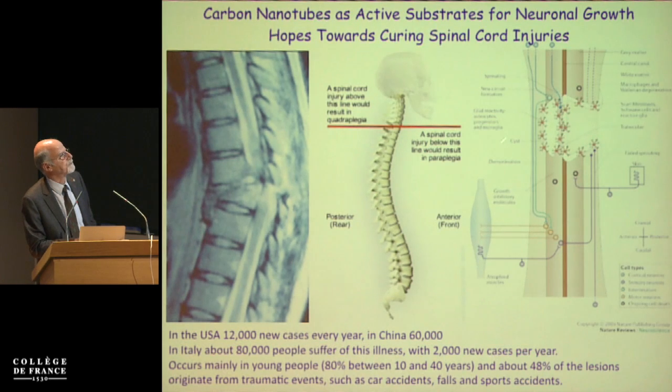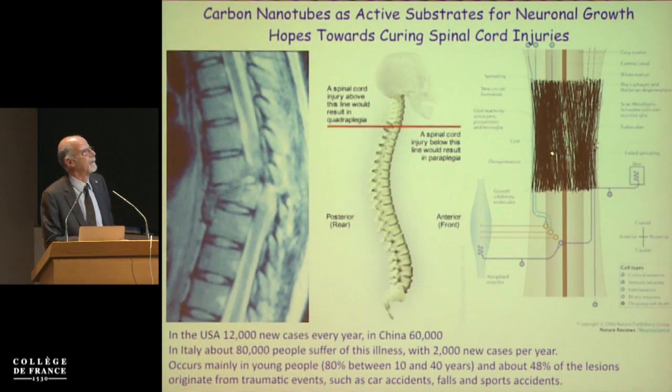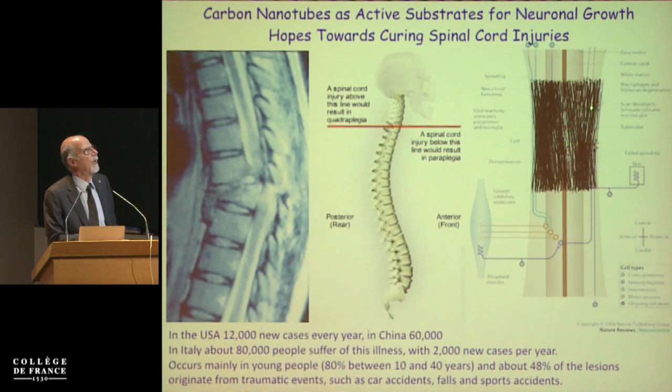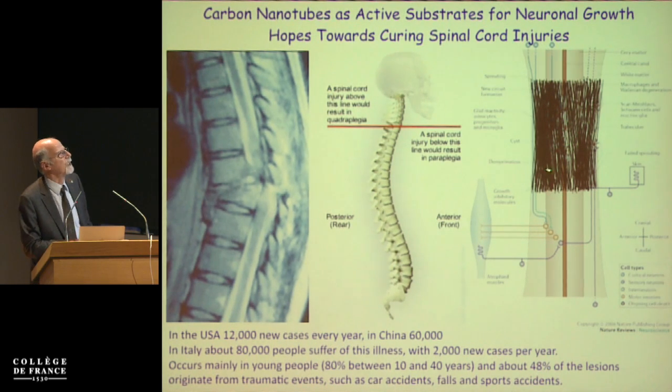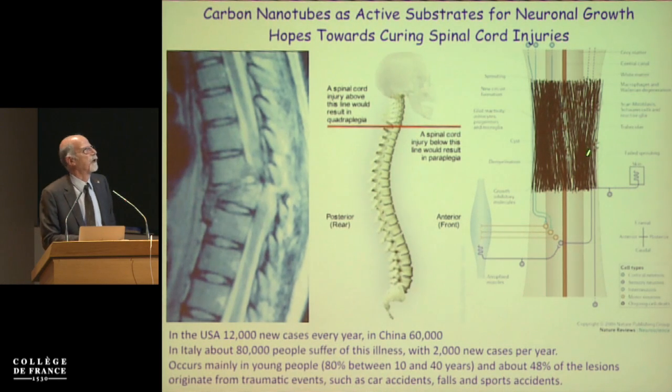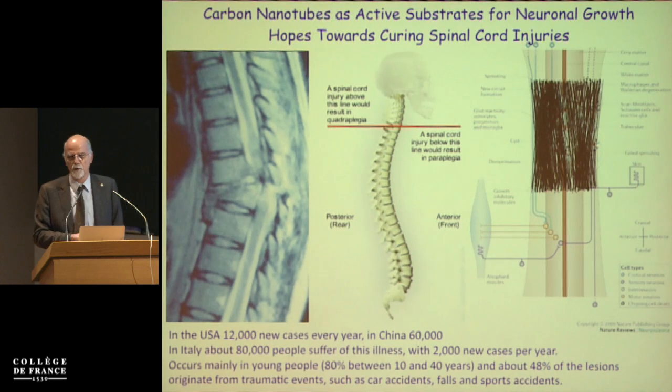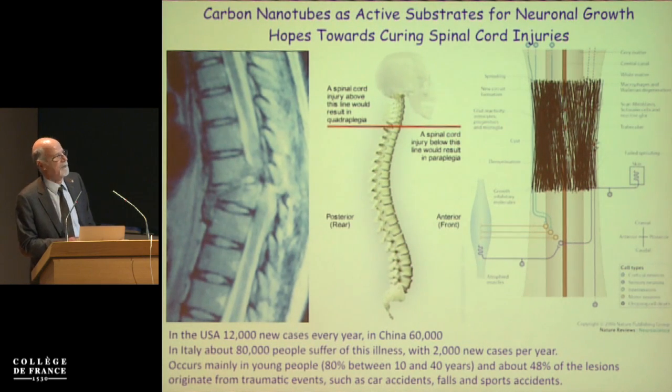And so basically what we reasoned, a long time ago, together with Laura Ballerini, who is a neurophysiologist in Trieste, was to place carbon nanotubes in the spinal cord injury because nanotubes can be metallic, and so they can help reconnect the two parts of the spinal cord if everything goes well.